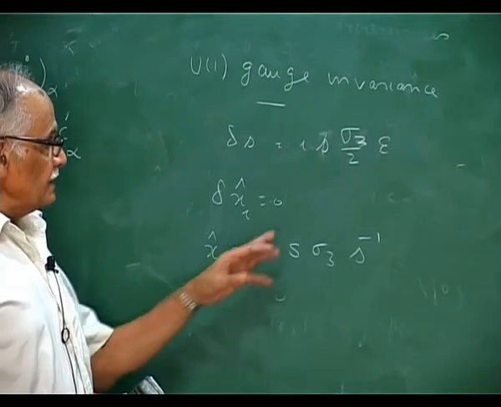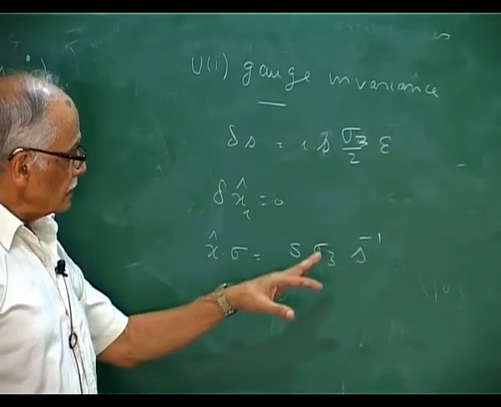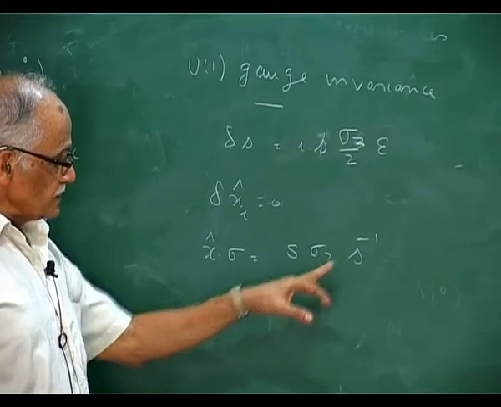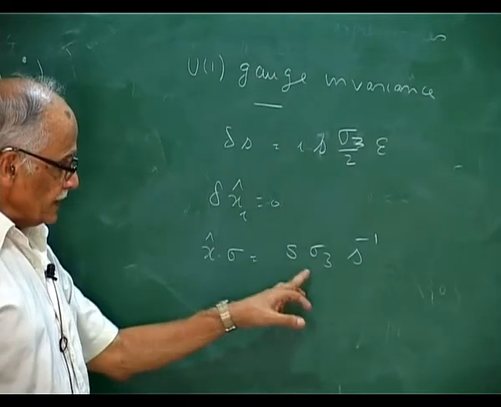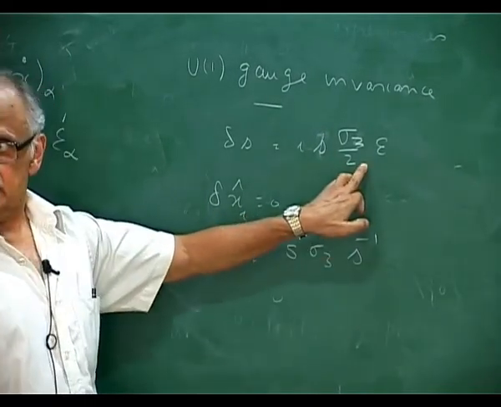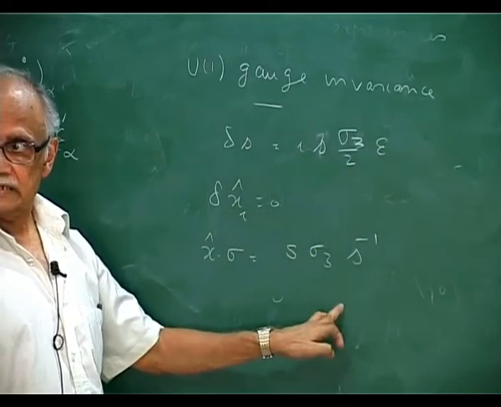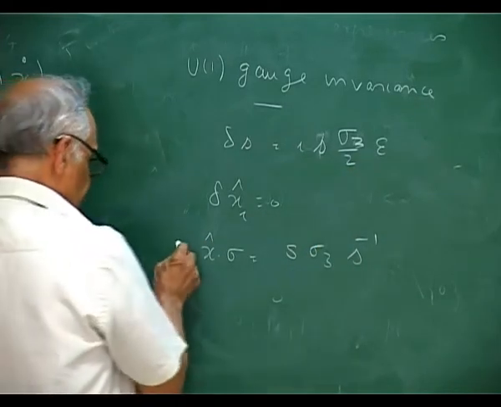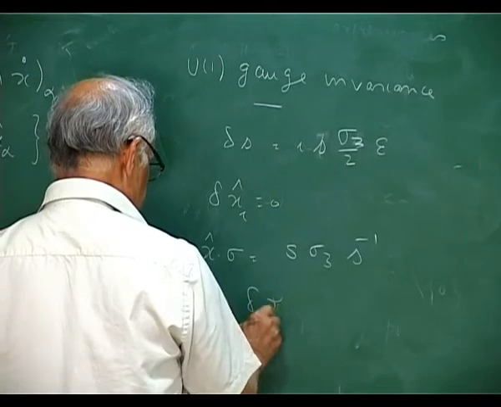If I vary on this side, you will get a commutator of sigma 3 with sigma 3, which is 0 in the middle. This is an infinitesimal variation, so this implies delta x hat is 0.